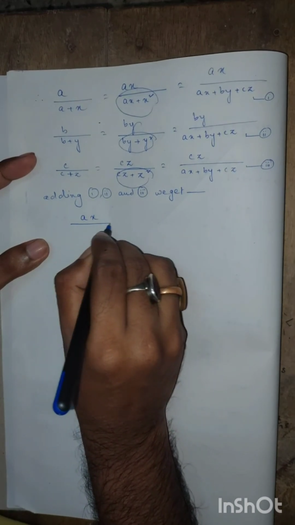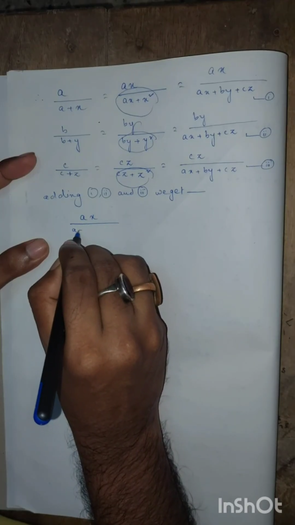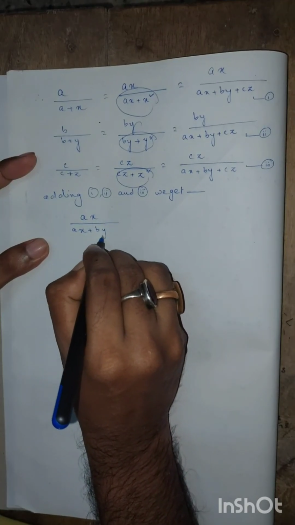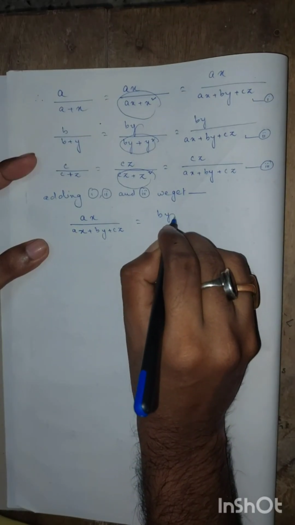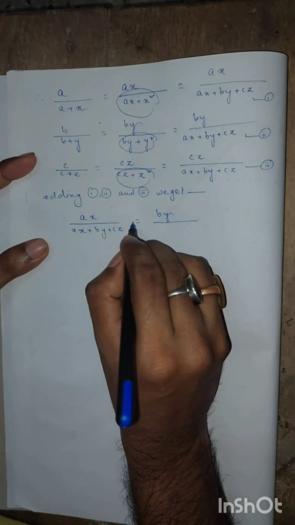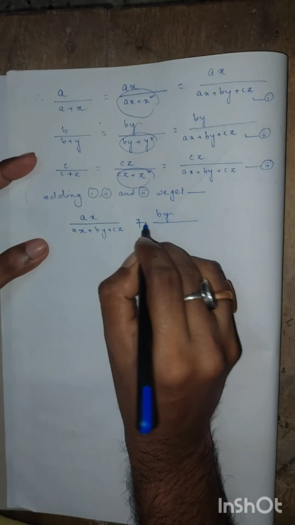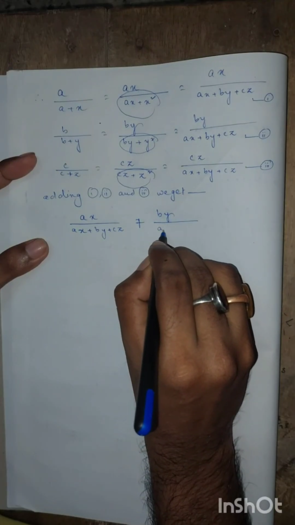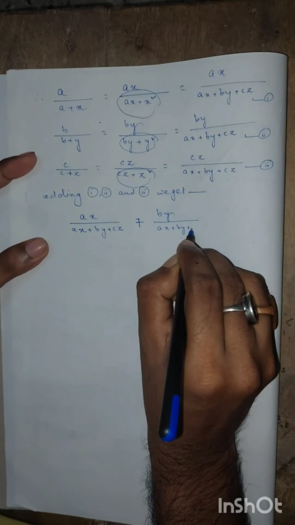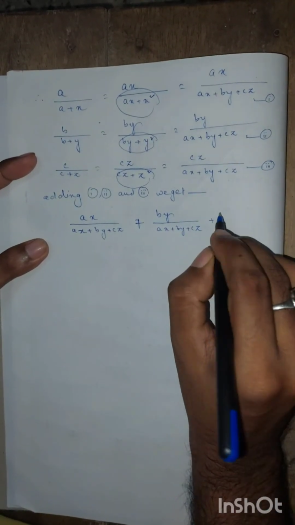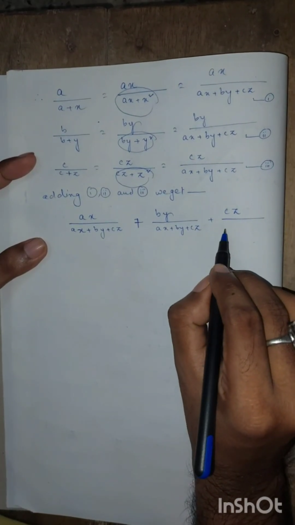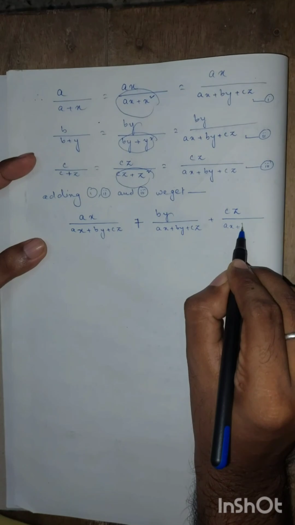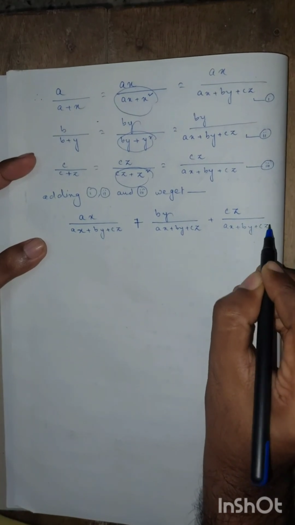ax by ax plus by plus cz equal to plus by by ax plus by plus cz plus cz by ax plus by plus cz.